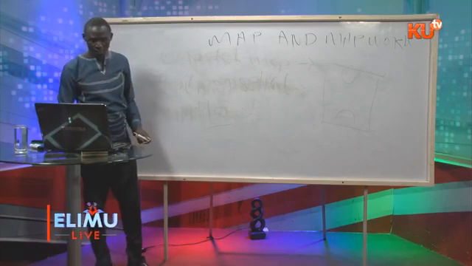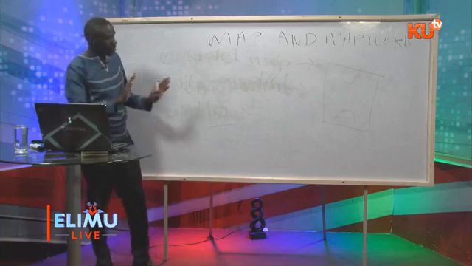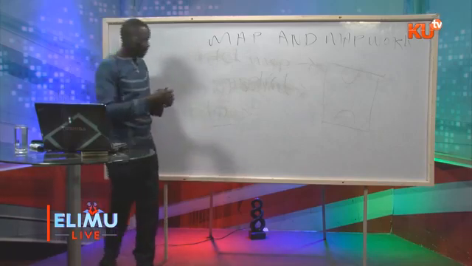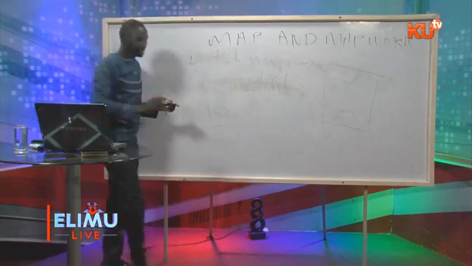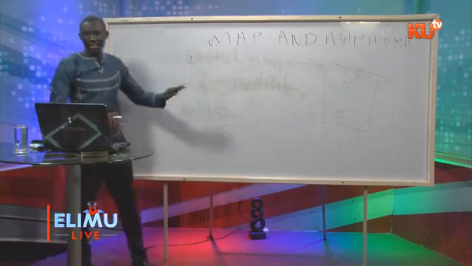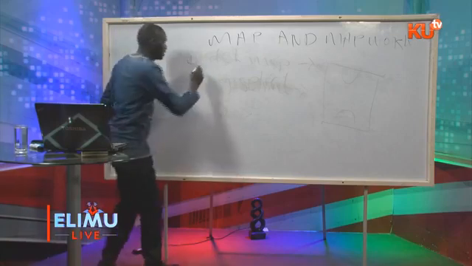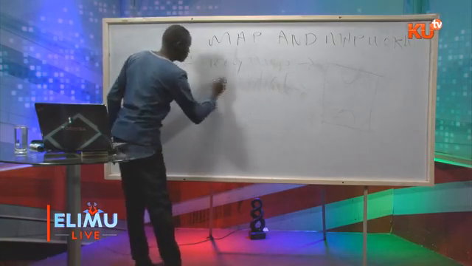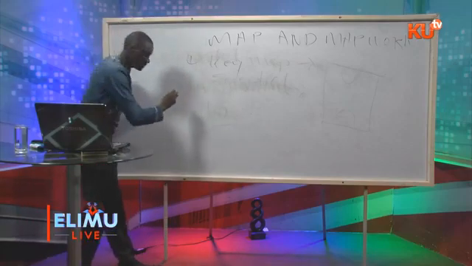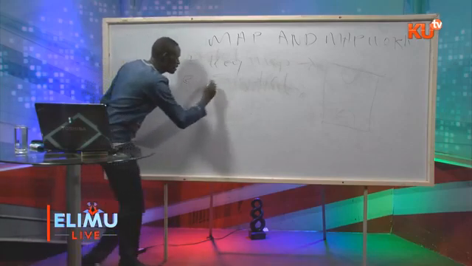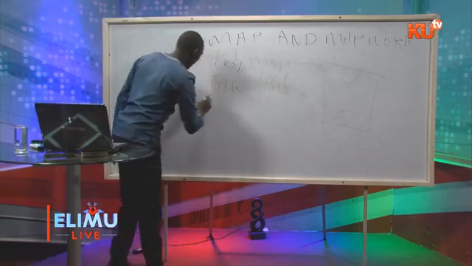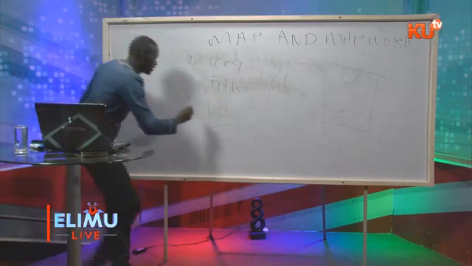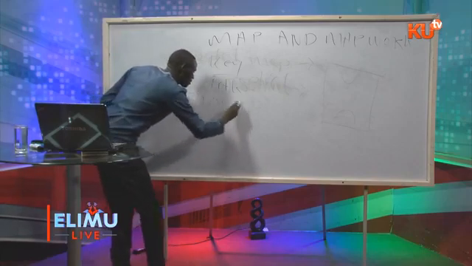Which is the components of a map. What do we have in a map? So number one component that is contained in a map, first start with the key, and then I'll explain. Then number two, we have the title. Number three, we have direction.